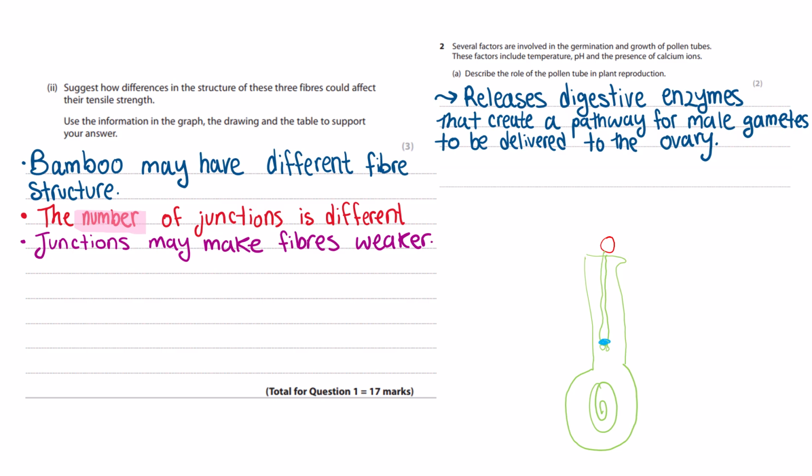So hydrolysis: water, break apart. Okay, so the role of the pollen tube is, number 1, releases digestive enzymes that create a pathway for male gametes to be delivered to the ovary. Key note on delivered to ovary, that's one mark also. And releases digestive enzymes, that's another mark.